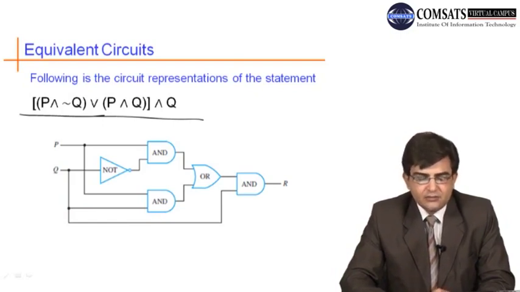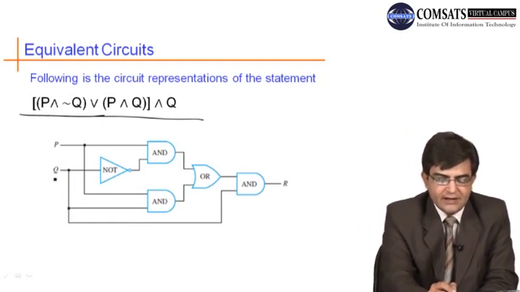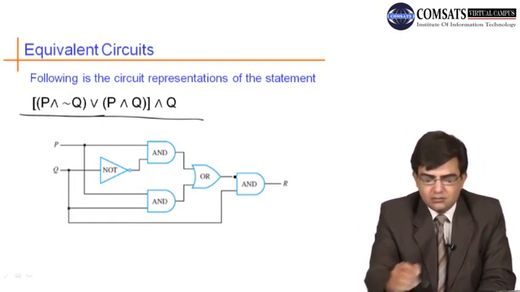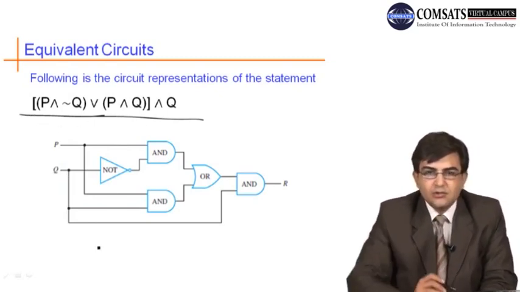How to construct the circuit we have discussed in the previous lecture. We just write here P and Q, and then we draw the circuit by watching this Boolean expression.